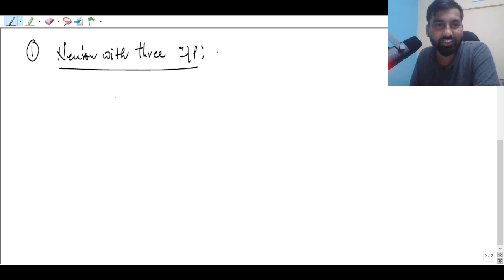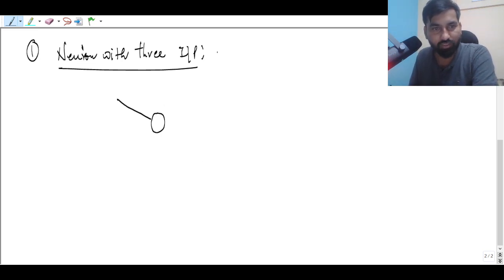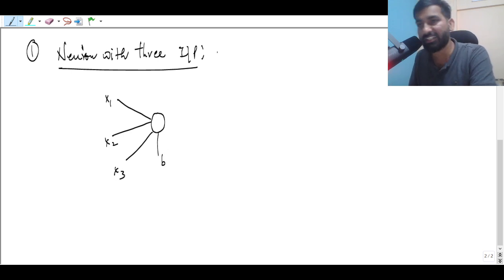So a neuron with three inputs means, suppose this is a neuron. I'm talking about an artificial neuron, not a biological neuron. There are three inputs: x1, x2, and a third input x3. There is also a bias term, b, but in the question they have mentioned the bias is set to 0 at the neuron.